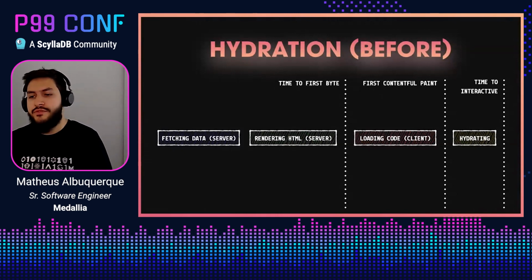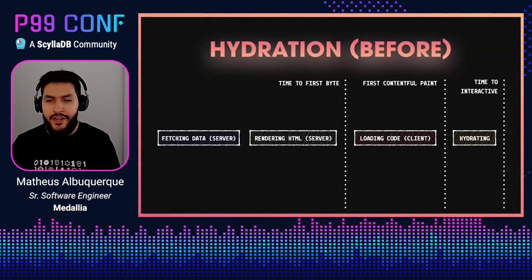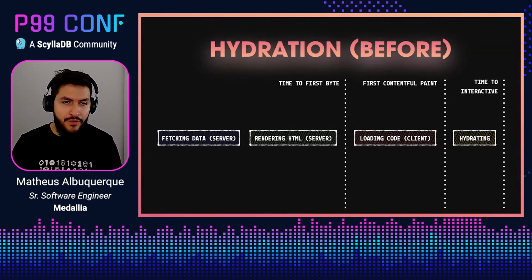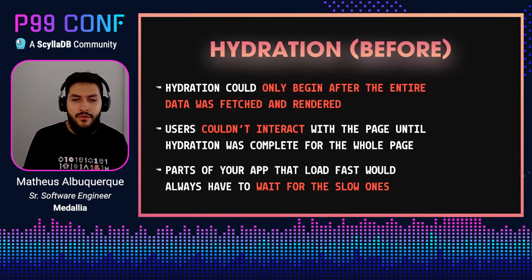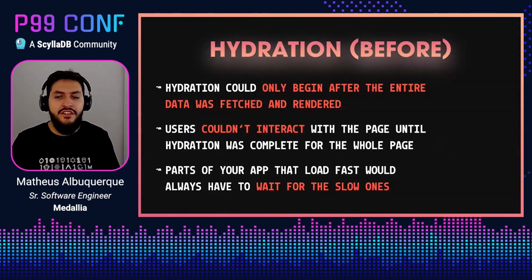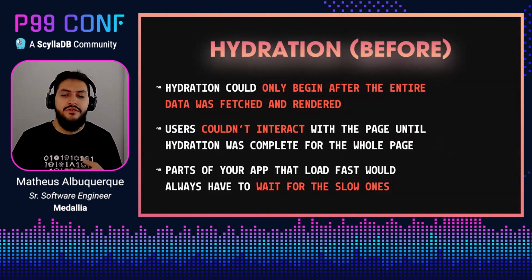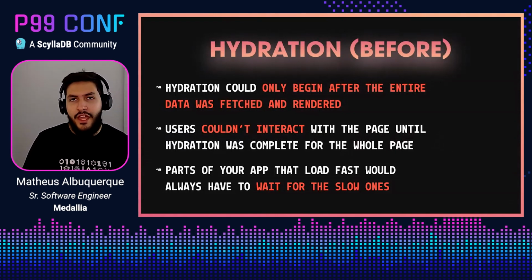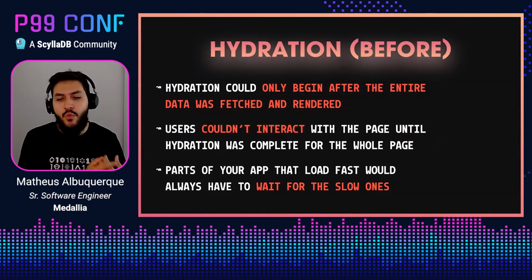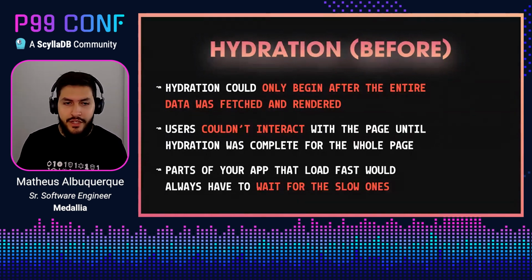And then we have to wait for hydration to get our interaction. And that was bad because the whole hydration could only begin after the entire data was fetched and rendered. So users couldn't interact with the page until the hydration for the whole page was done. And because of that, parts of the app that were fast would have to wait for the slow ones, which is not great.